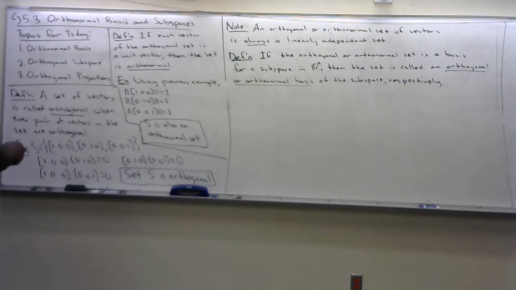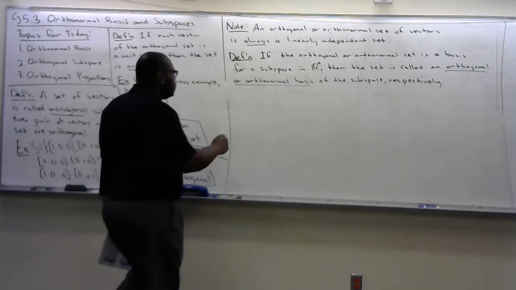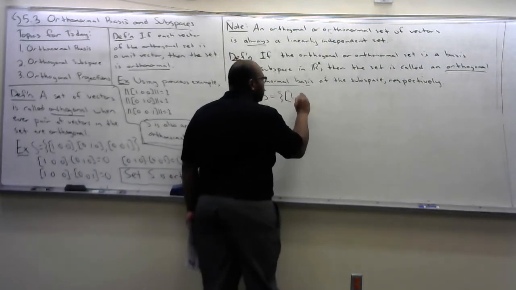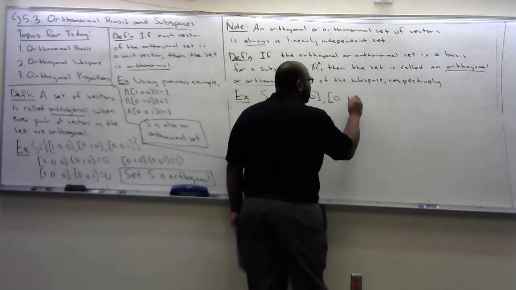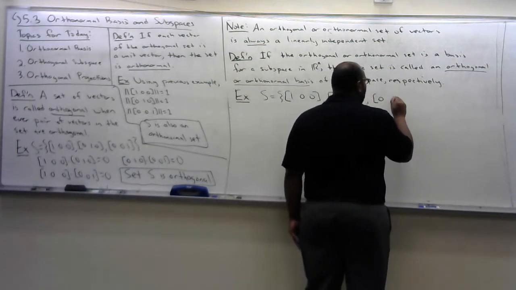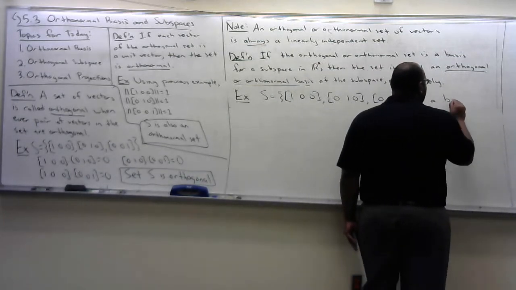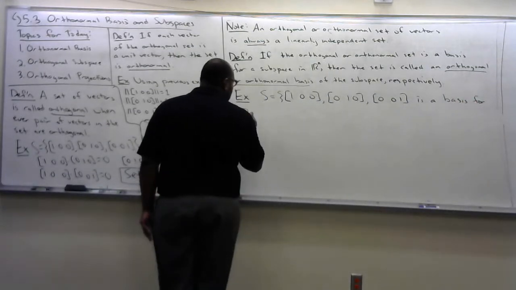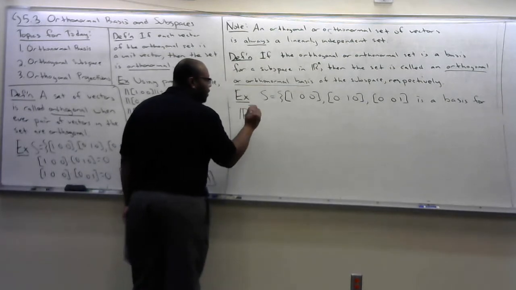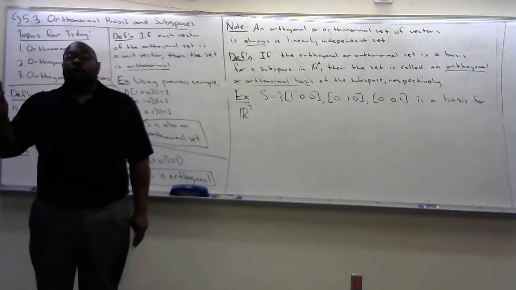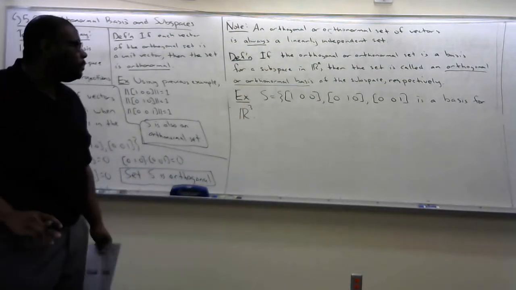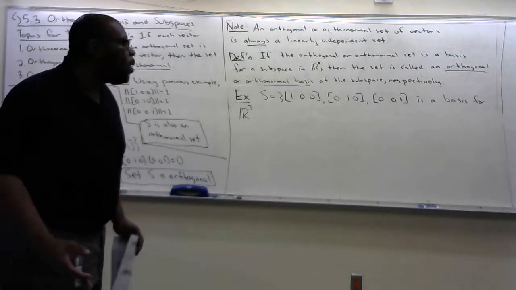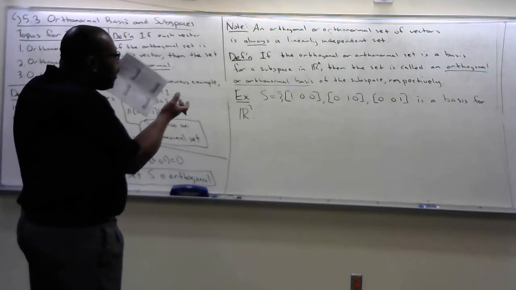For example, if we look at this last one here, S equal to {(1, 0, 0), (0, 1, 0), (0, 0, 1)} is a basis for R3. We've already seen this before, it's the standard basis. We also know that this set of vectors is orthonormal.